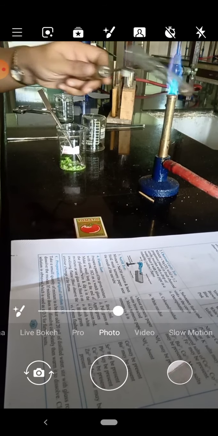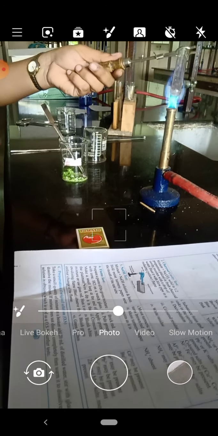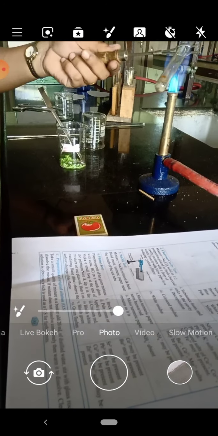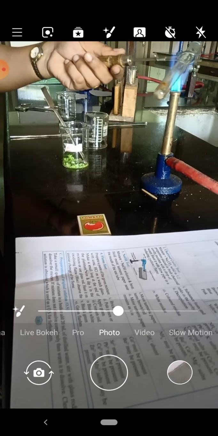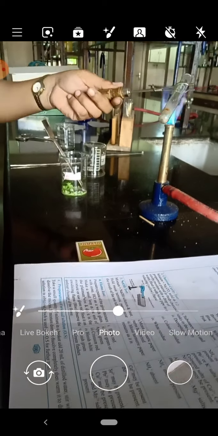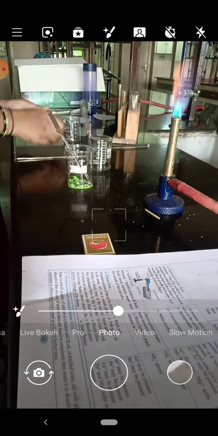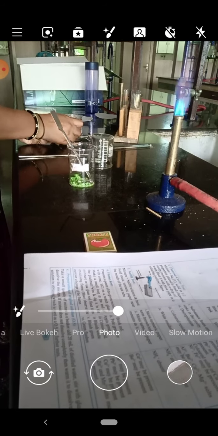And whenever we are heating, don't heat constantly. Don't hold the test tube over the burner for a long time. So you will remove it in between, because the apparatus is made up of glass, it may break immediately. So we will use another test tube because it is showing initial cracks.